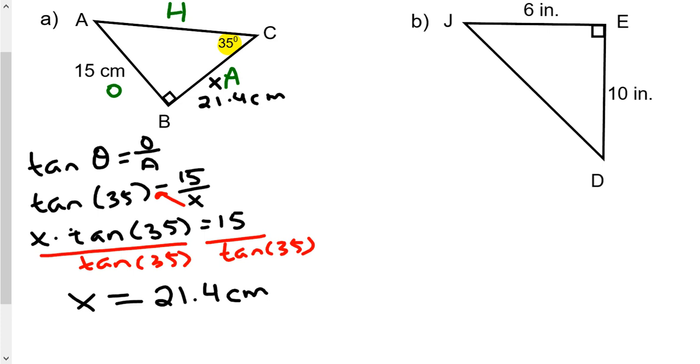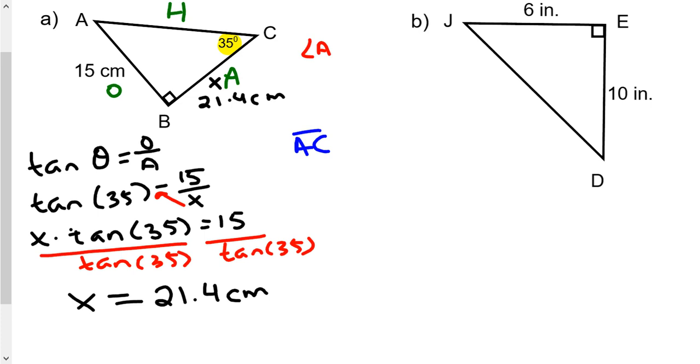There's two more things I need to know. I need to know angle A, and I also need to know side length AC, from A to C, my hypotenuse essentially. And again, I could use all kinds of trigonometry to find these.